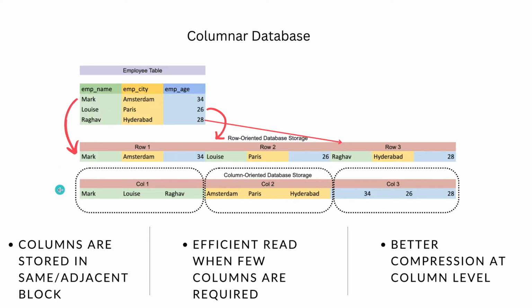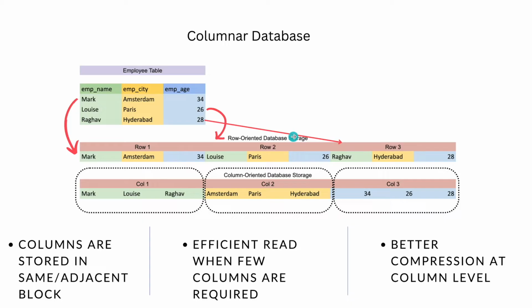Now coming to columnar, if you see, there is a difference. All the column values are stored together. So if you see here the employee name, all the employee name values are stored together in the storage block. Similarly, in the next storage block, I will see that the second column is stored together. Column 3 is stored together in another storage block. So you can see the difference between a row oriented database storage and a column oriented database storage.